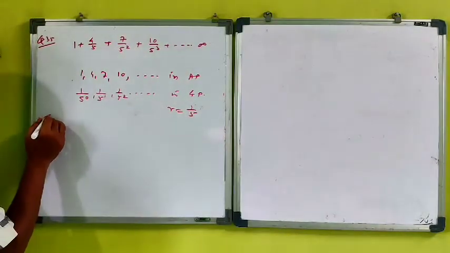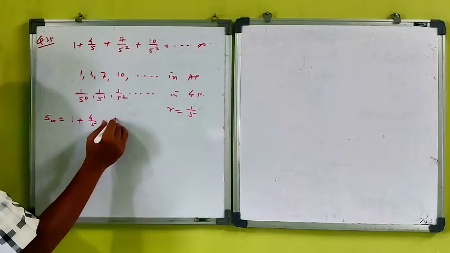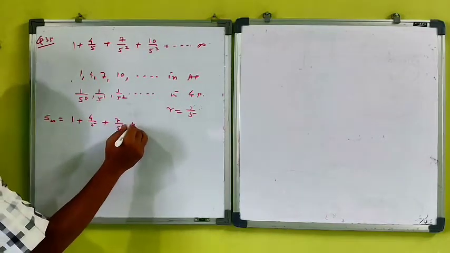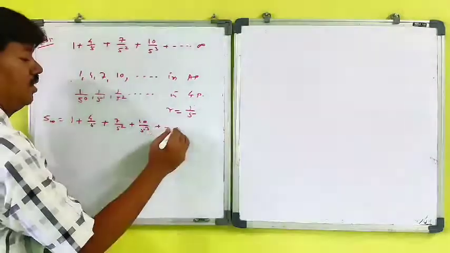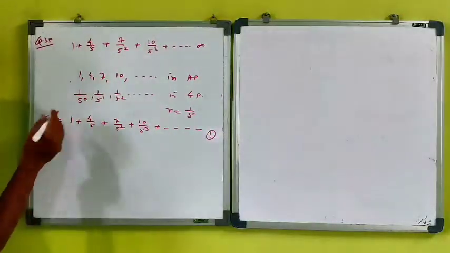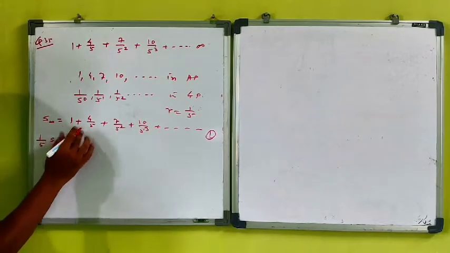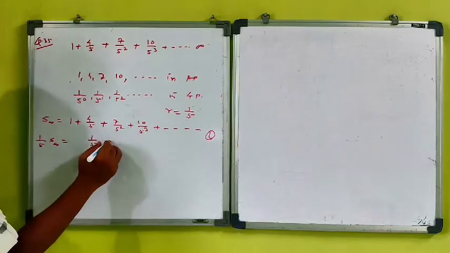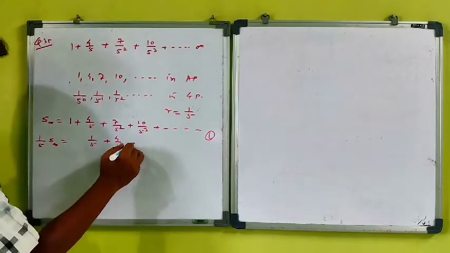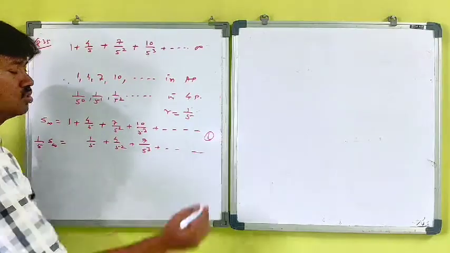S infinity is 1 plus 4 upon 5 plus 7 upon 5 square plus 10 upon 5 cube as it is. Next, multiply this with 1 upon 5, so 1 upon 5 into S infinity. We will not write 1 here, we will write 1 upon 5. Next we write 4 upon 5 square, next 7 upon 5 cube, and so on.